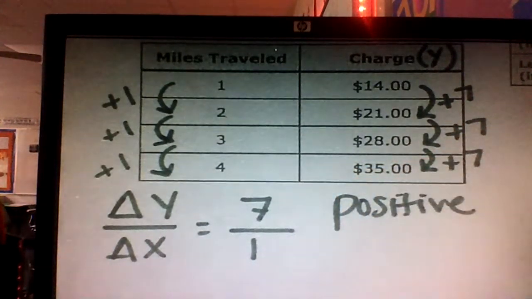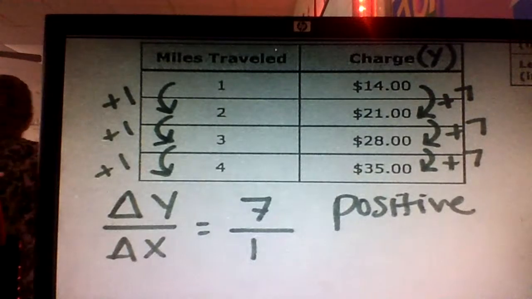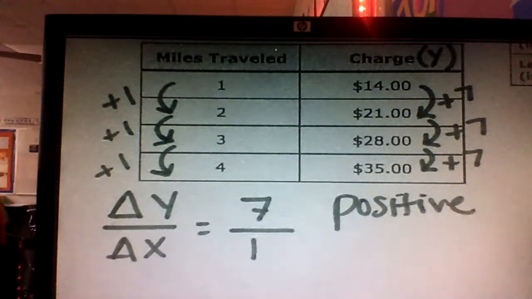Well, what in the world does this mean? You've got 7 over 1. So you know your slope is 7 over 1. What does that mean? 7 is for Y. 7 is my Y. But what does that mean? That's how much. What's changing though? Y. For every mile you're charged what? $7.